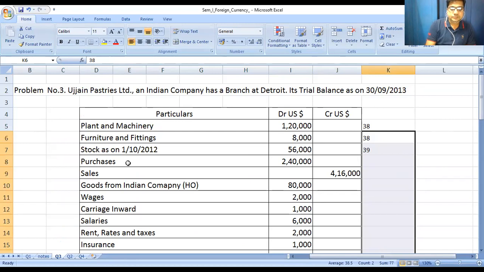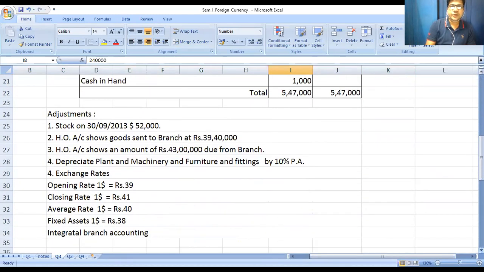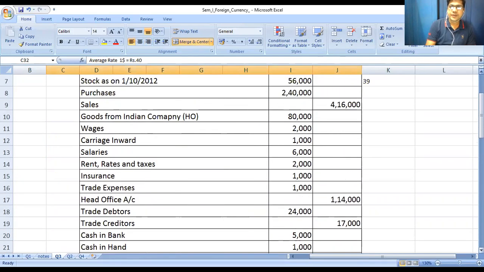And next is purchases, 2,40,000. Purchases is one of the revenue items, and for purchases we have to put the average rate.